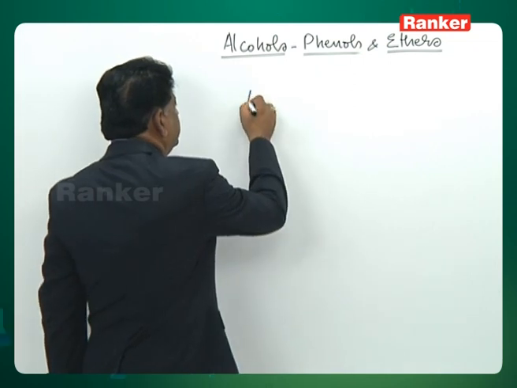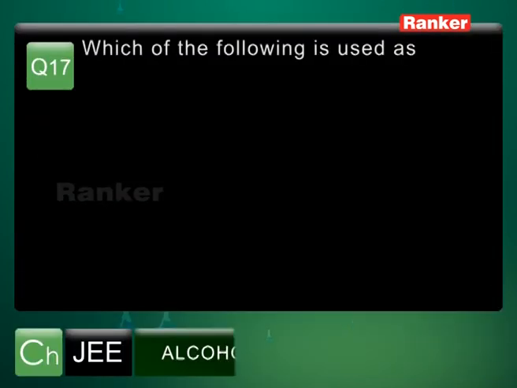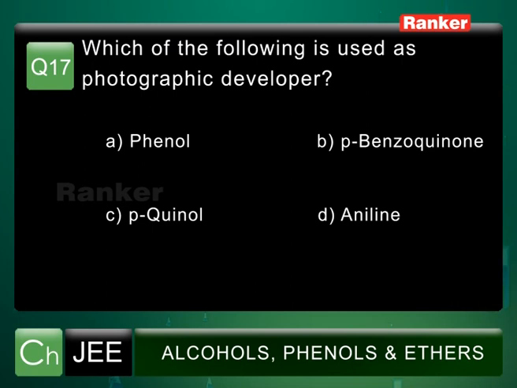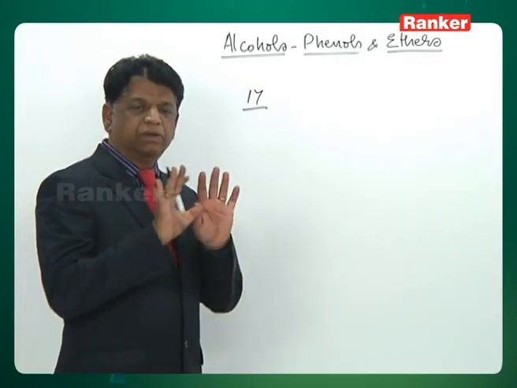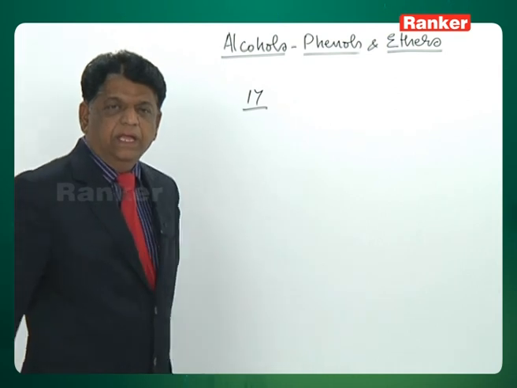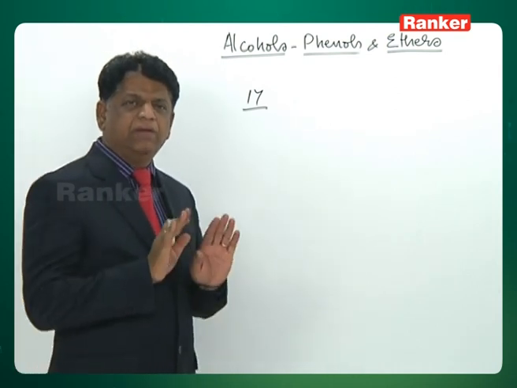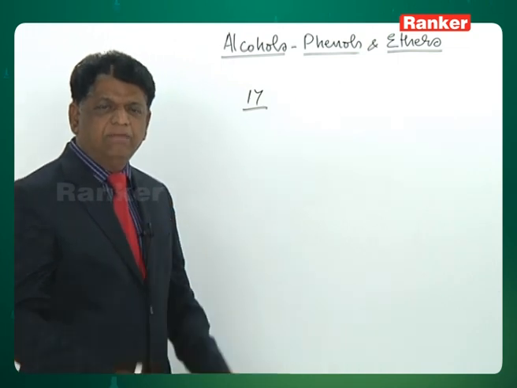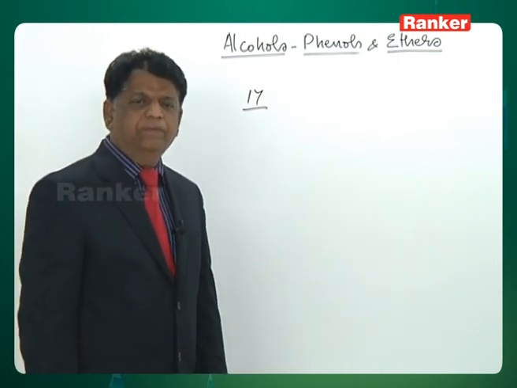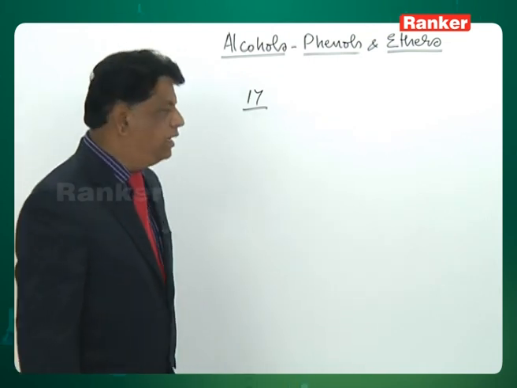Next question, 17th question. Which of the following is used as a photographic developer? In photography, once silver bromide is treated with light, it decomposes, and where the light falls, the negative and the positive picture is developed. After that, in the developing process, paraquinol is used.